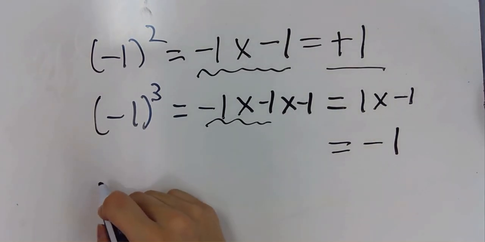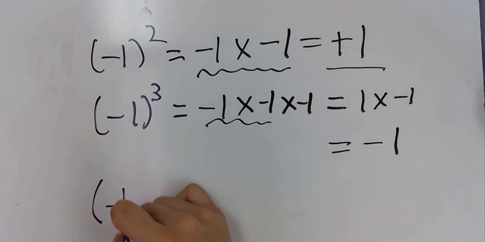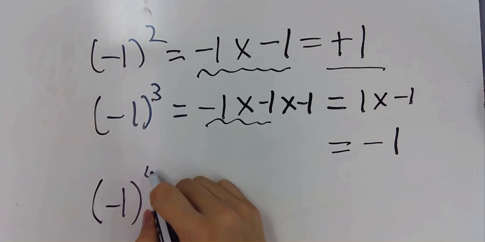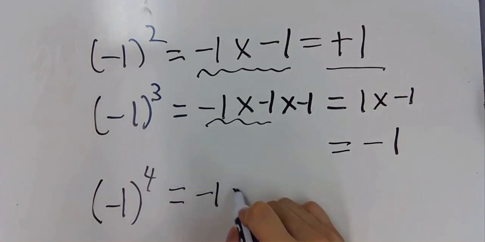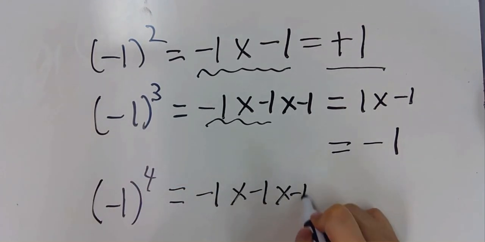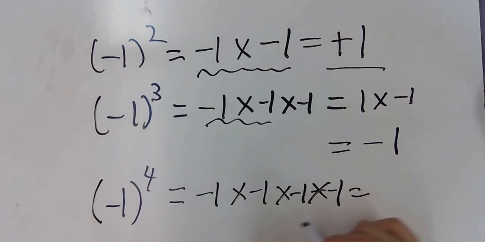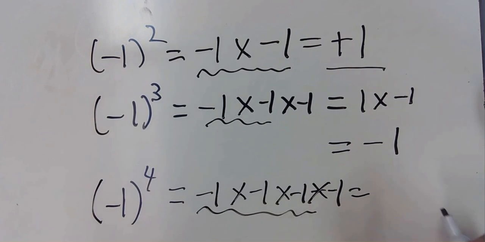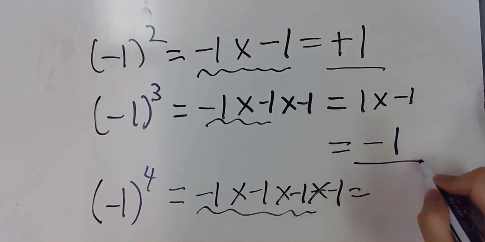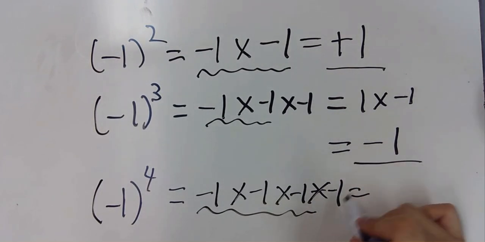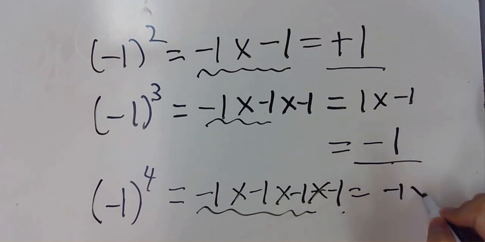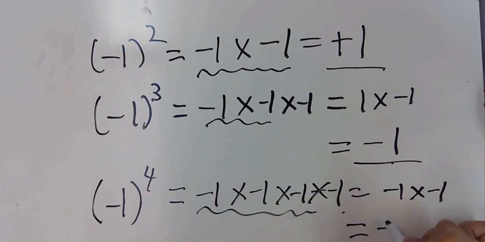Let's do it one more time. So for example, negative 1 to the power of 4 is equal to negative 1 times negative 1 times negative 1 times negative 1, which we know that when we multiply negative 1 by itself 3 times, it became negative 1. And we multiply negative 1 by another negative 1, therefore it becomes a positive 1.